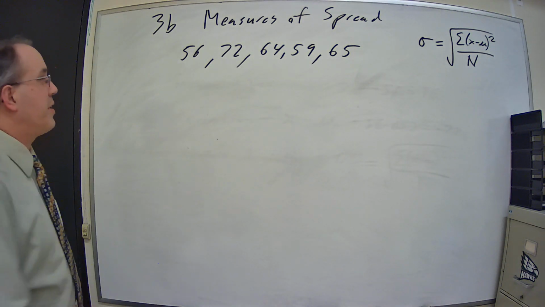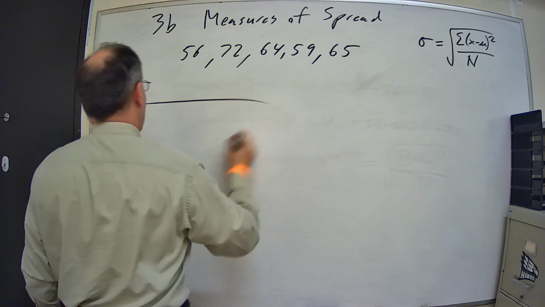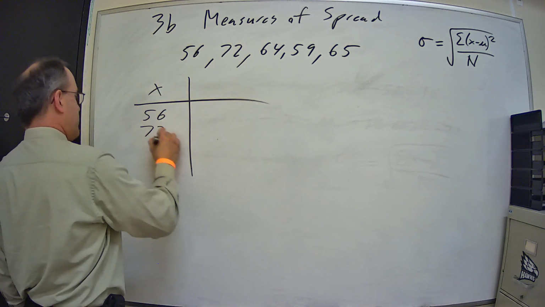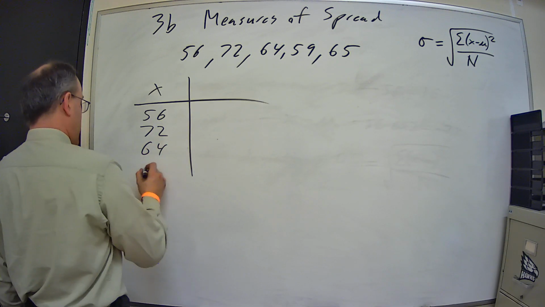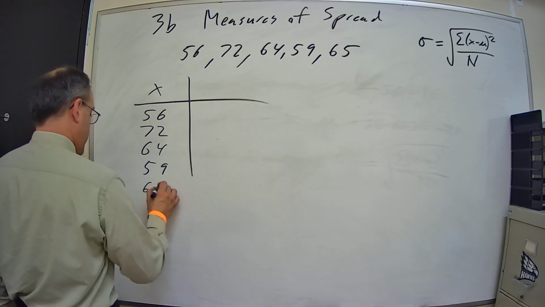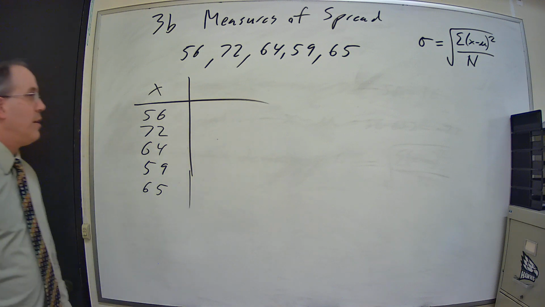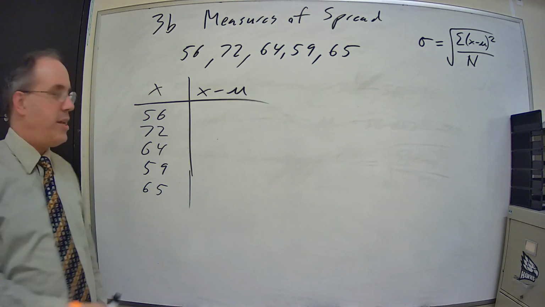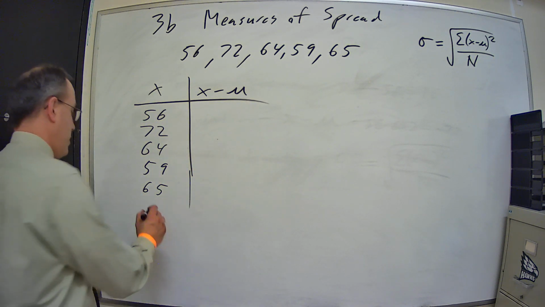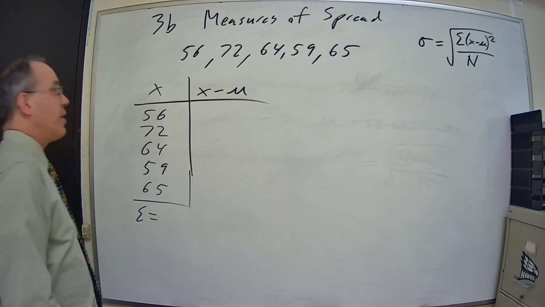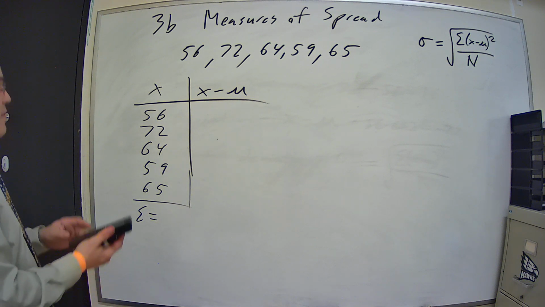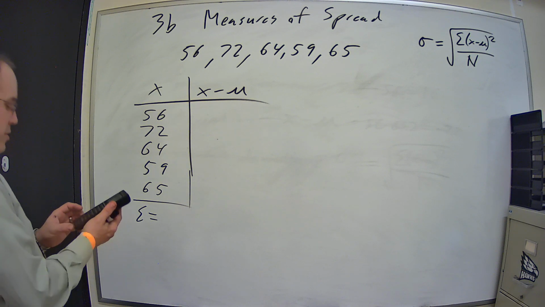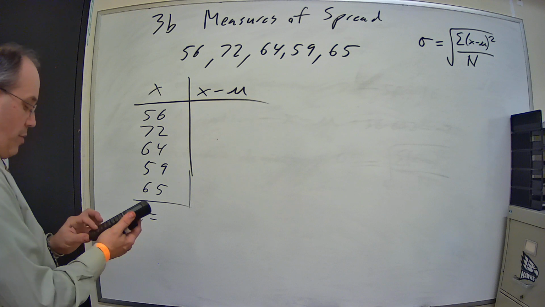So we're going to start out and just list out our data values x. So we got 56, 72, 64, 59, 65. And we're going to find x minus mu. Well, if we want to take each data value and subtract the mean, we need to find the mean. So we're going to sum those up, and I know we already did that, but I'm going to do it again because I think I have it as 63.2, but I don't want to have the wrong number there.